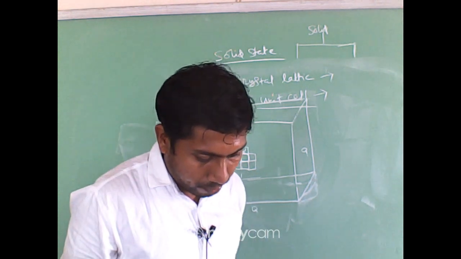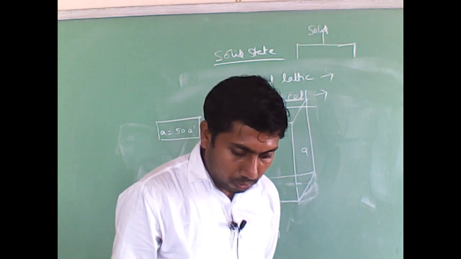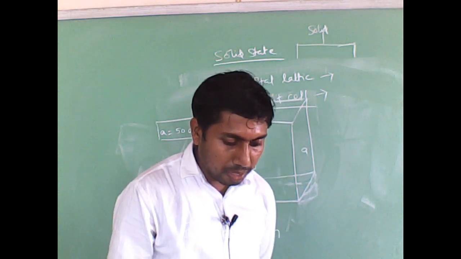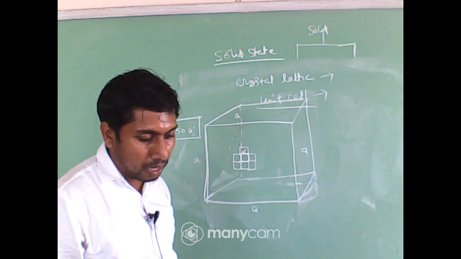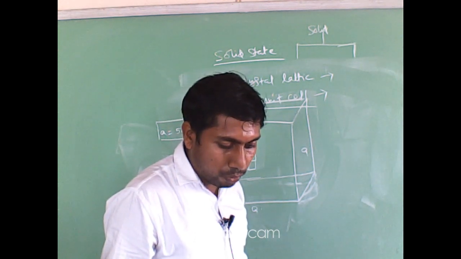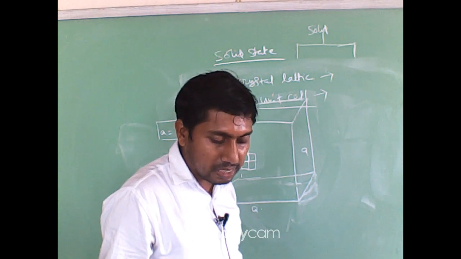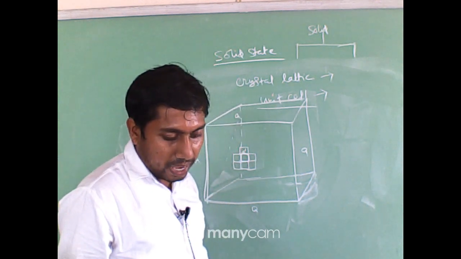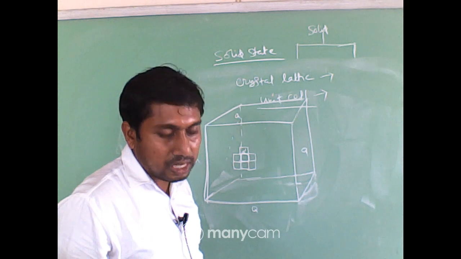Next, if the 3 dimensional arrangement of constituent particles in a crystal is represented diagrammatically, in which each particle is depicted as a point, the arrangement is called a crystal lattice.